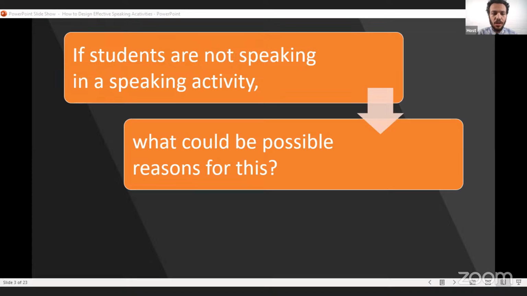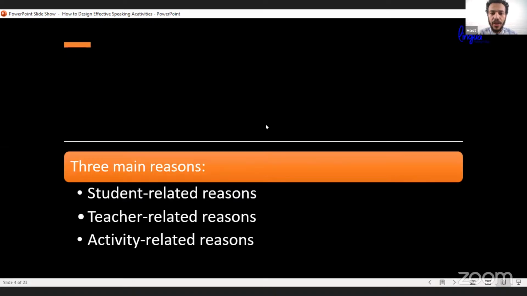Well, basically, there will be some reasons for that, and we can have them in categories. It could be reasons related to the student himself or herself, or reasons related to the teacher or the activity.